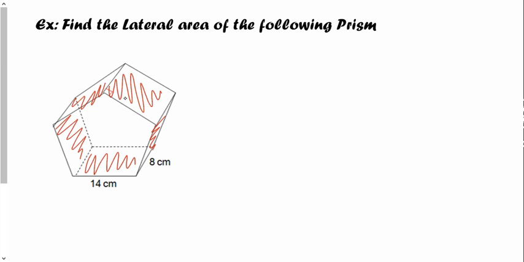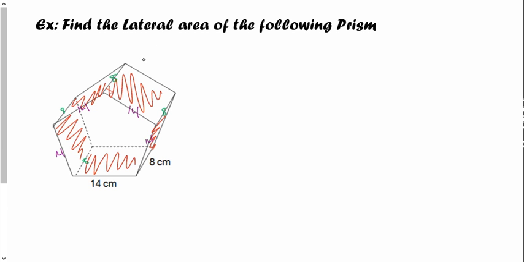So that means all of these sides are 14. This one's 14, this is 14. All these sides are 14. And also, since this side is 8 right here, that means all of these sides are also 8, all the way around. So to find the lateral area, I want to find the area of all of those together.